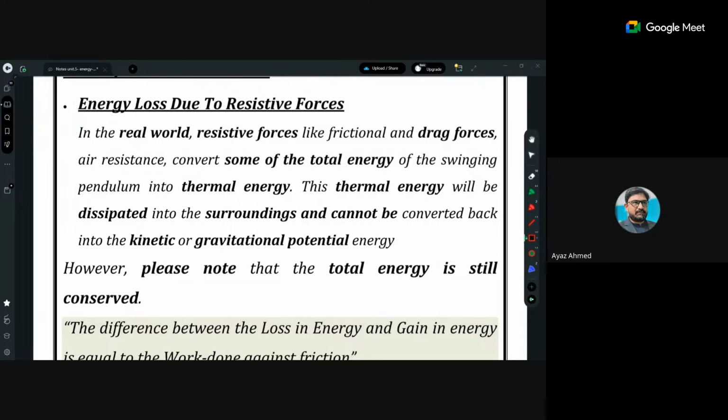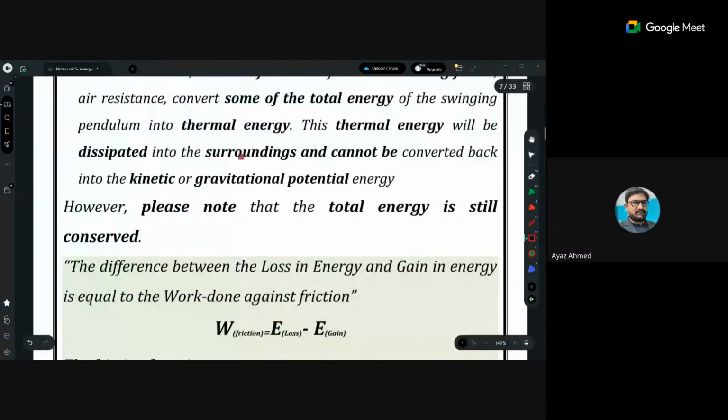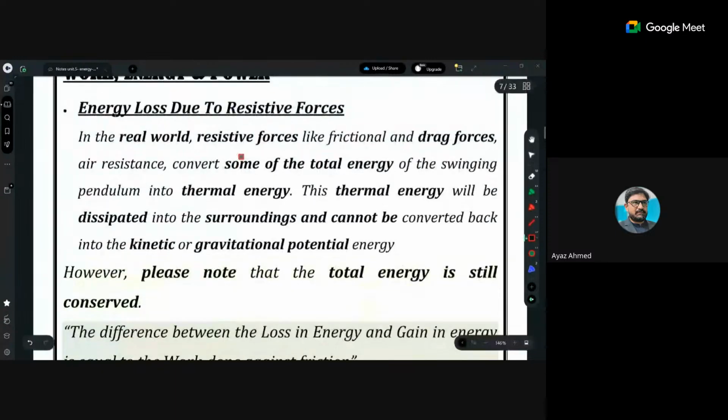Some of the energy is lost to the surrounding, and that lost energy is the energy dissipated. So in the real world, the forces of friction and drag are there, and then thermal energy appears, and that thermal energy is basically the dissipation of energy, or energy lost to the surrounding.